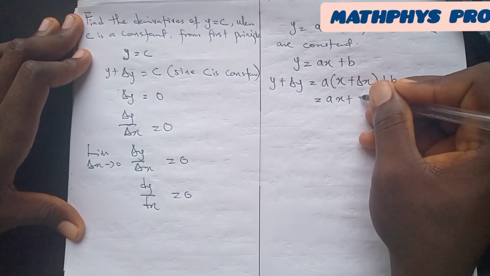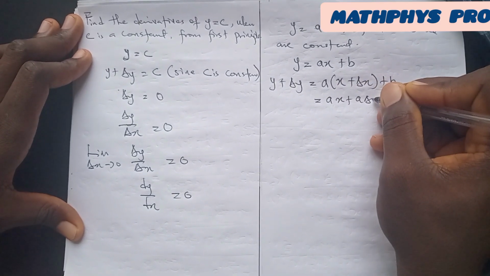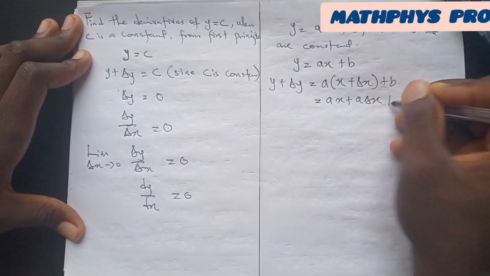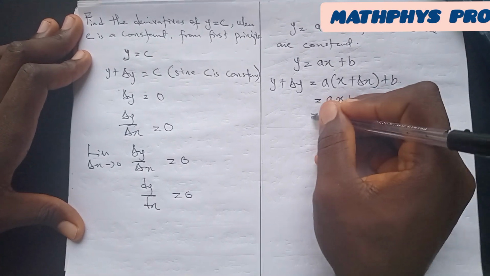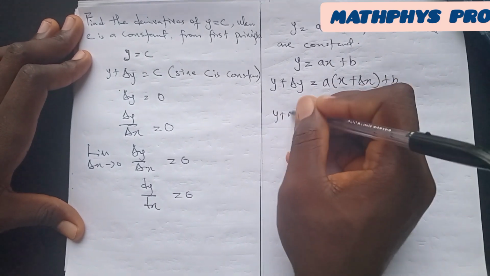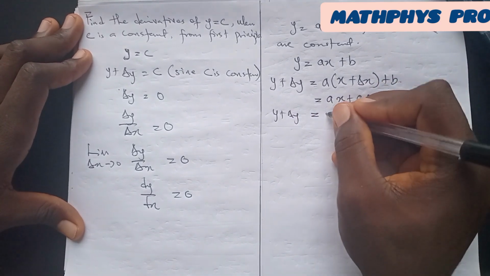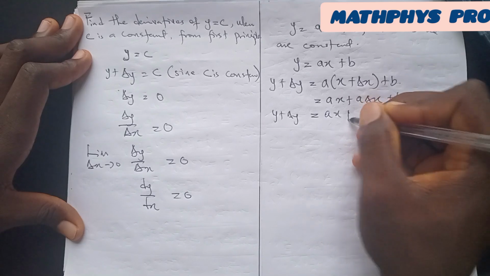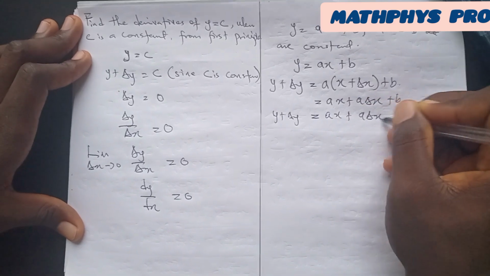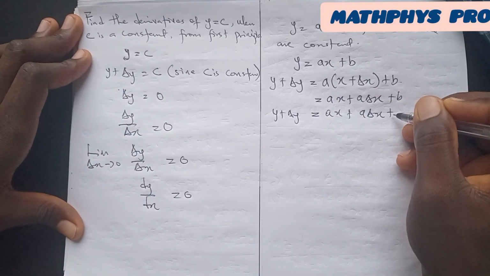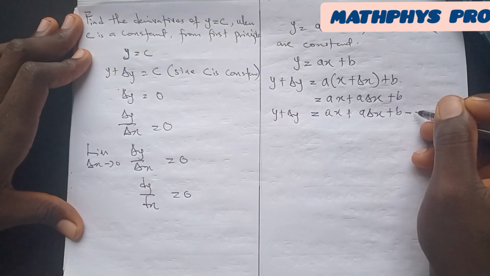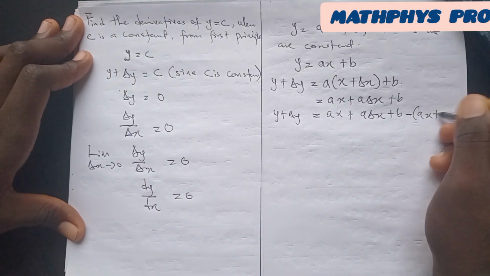So this is equal to ax plus a change in x plus b. This is equal to y plus change in y is equal to ax plus a change in x plus b.